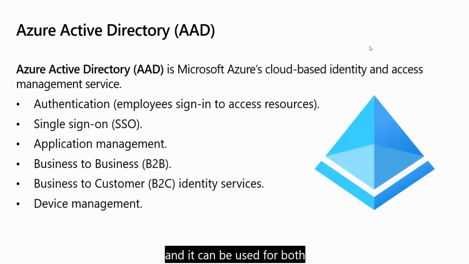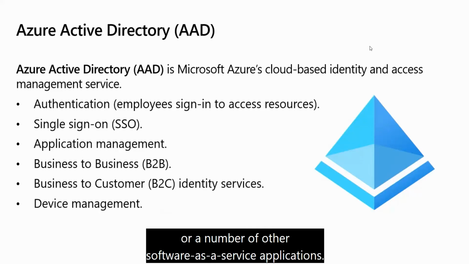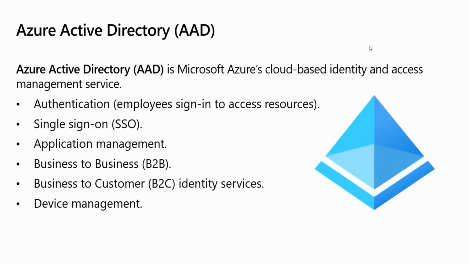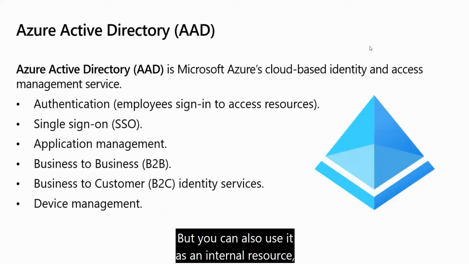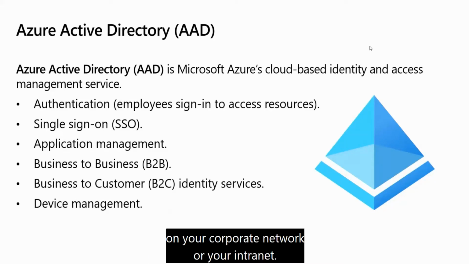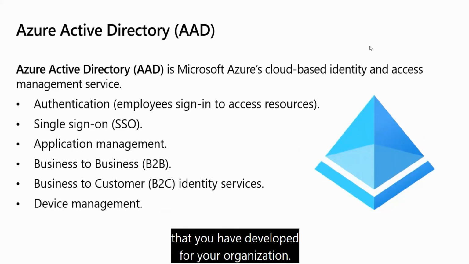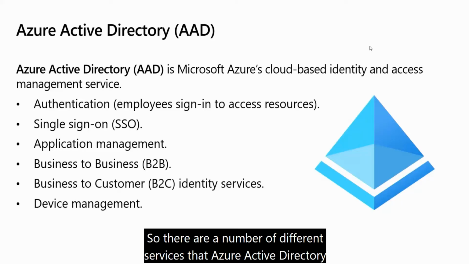It can be used for your external resources, whether it's Office 365, the Azure portal, or a number of other software as a service applications. But you can also use it for internal resources, whether you're controlling access on your corporate network or your intranet, or maybe you have in-house apps that you have developed for your organization.